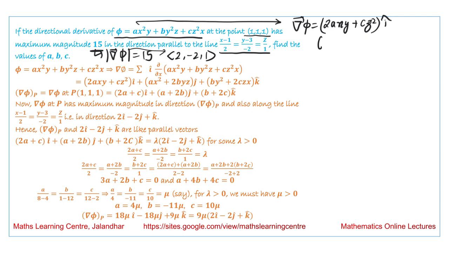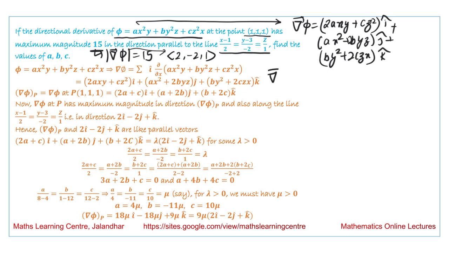Then with respect to y, when we differentiate, it is ax square plus 2byz j cap, and the last term is by square plus 2czx times k cap.